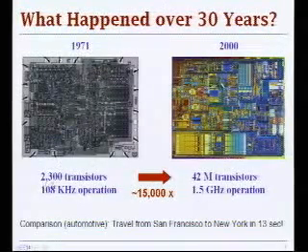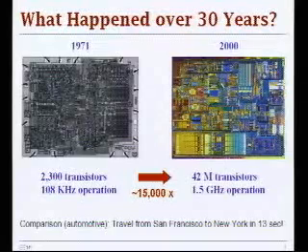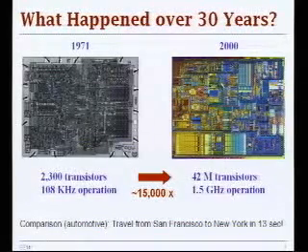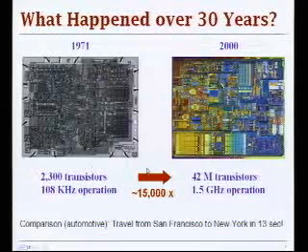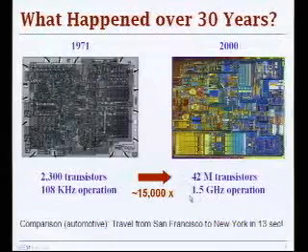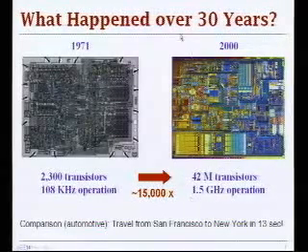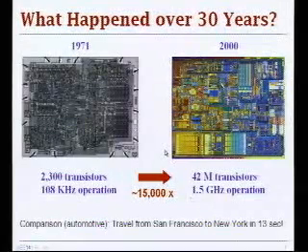That was a fairly simple design from today's perspective, only 2300 transistors, 100 kilohertz operation. And then over the period of 30 years, we had a dramatic increase in complexity and performance of these devices, which ended up with a recent design of Pentium 4 shown on the right-hand side.